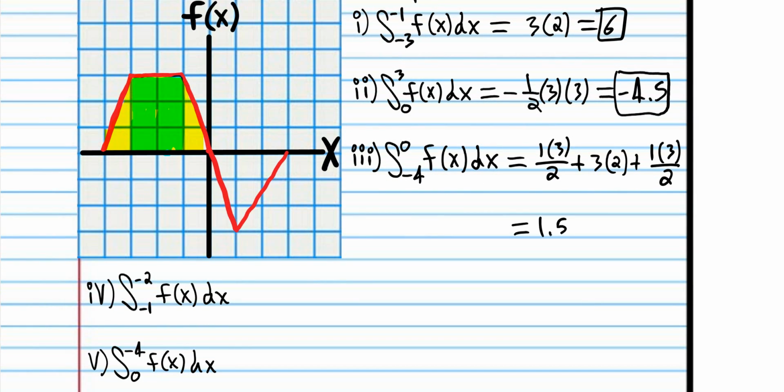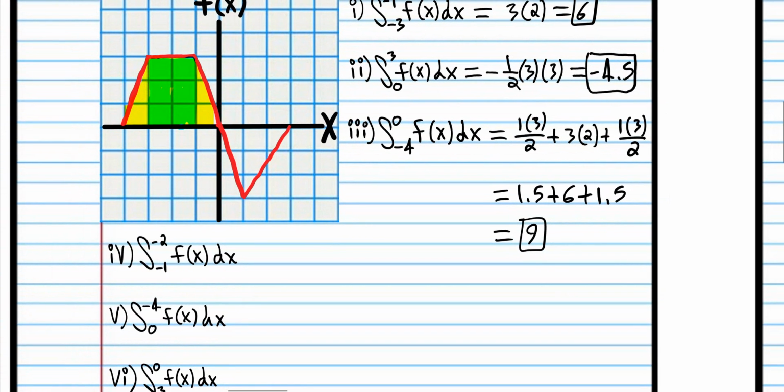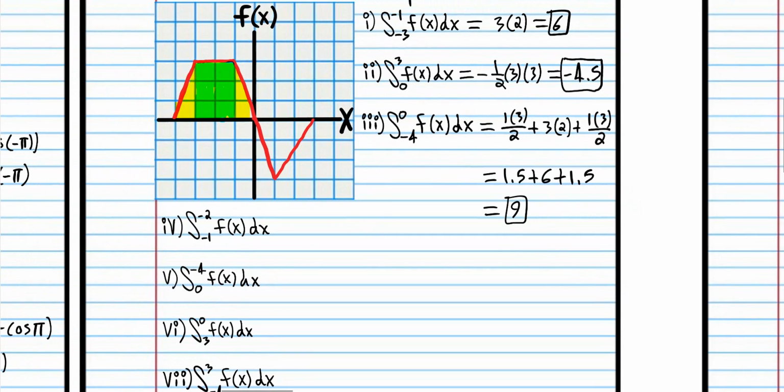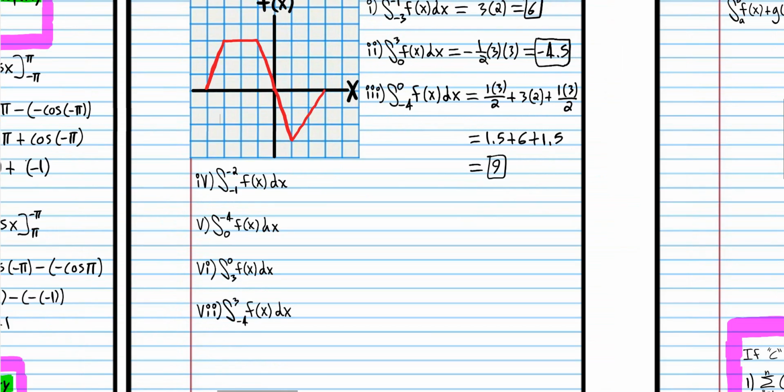So we get 1.5 plus 6 plus 1.5, and finally we get 9. So the area in that trapezoid is 9.